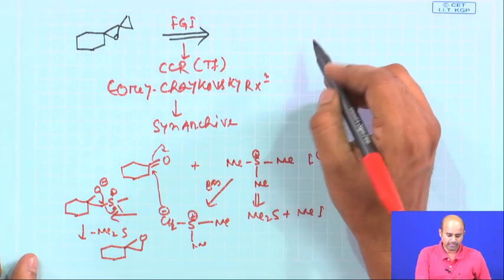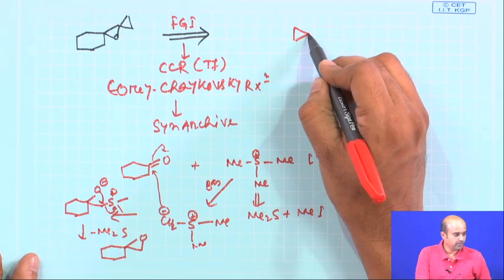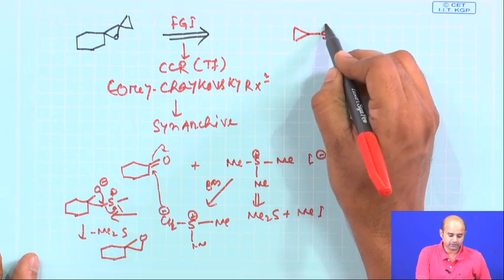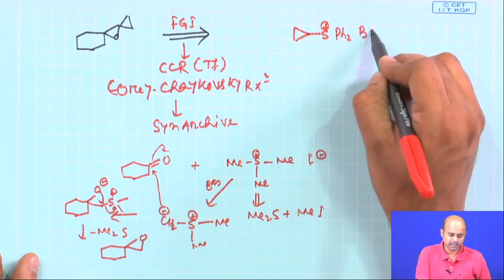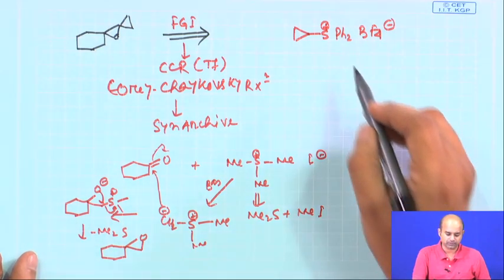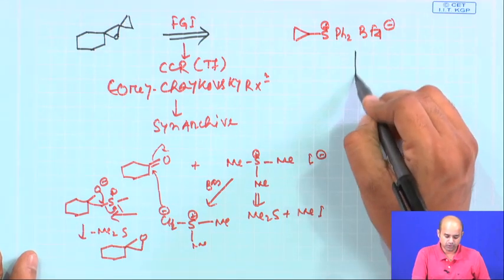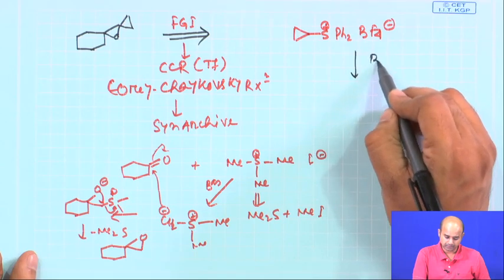Now, here we will be using a similar kind of Corey-Chaykovsky reaction with a sulfur-based reagent which is commercially available. Nevertheless, if you are not familiar with the Corey-Chaykovsky reaction, you can do it another way. So, you take this compound and react it with a base.